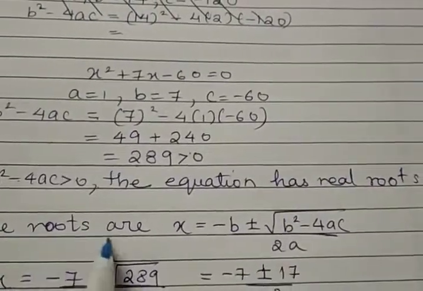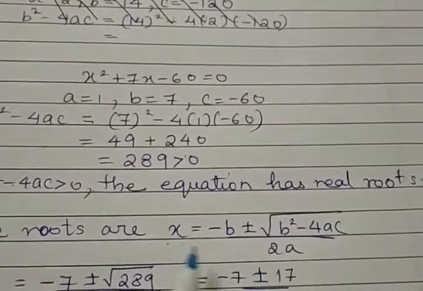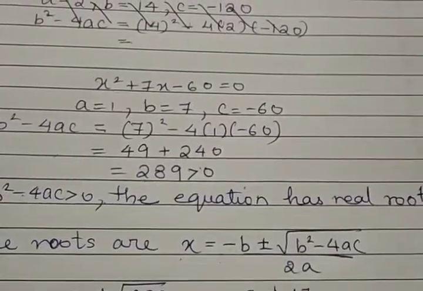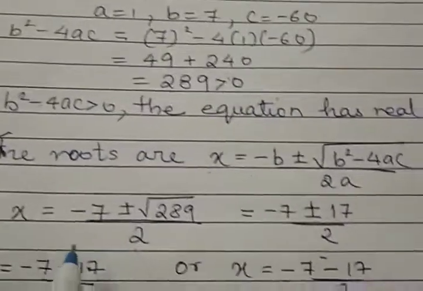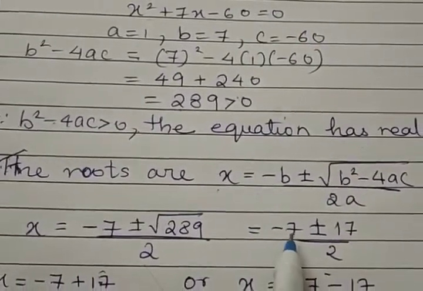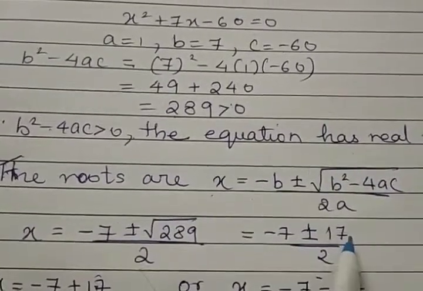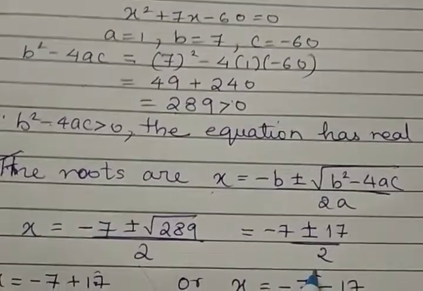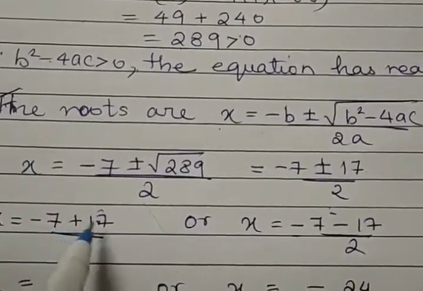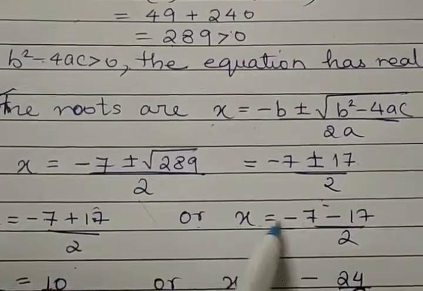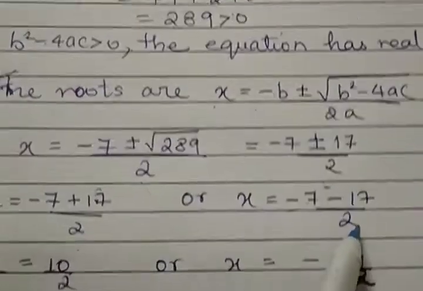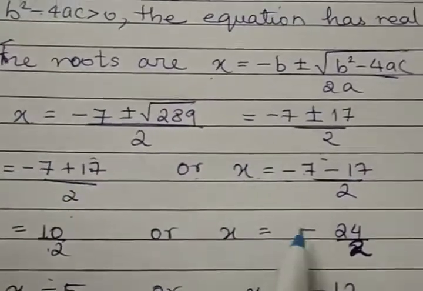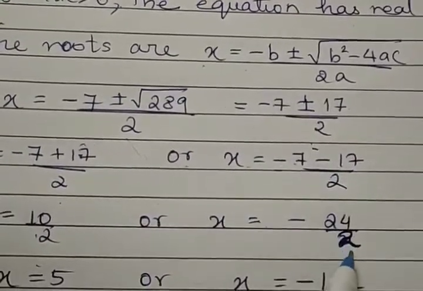So the roots are given by x is equal to minus b plus or minus square root of b square minus 4ac upon 2a, and on substituting I get this equal to minus 7 plus or minus 17, square root of 289 is 17, upon 2. So x is minus 7 plus 17 upon 2, or x is minus 7 minus 17 upon 2. So x is 10 upon 2, or x is minus 24 upon 2.